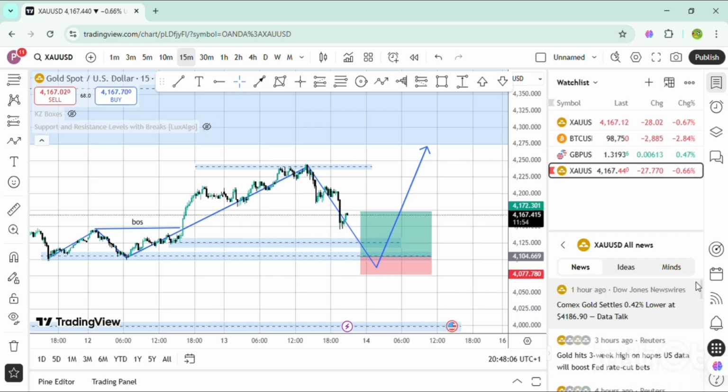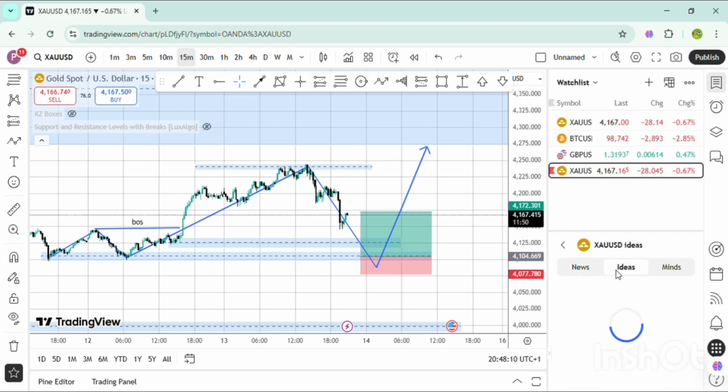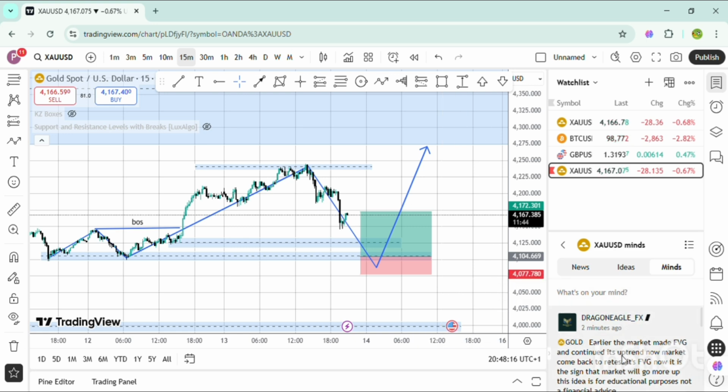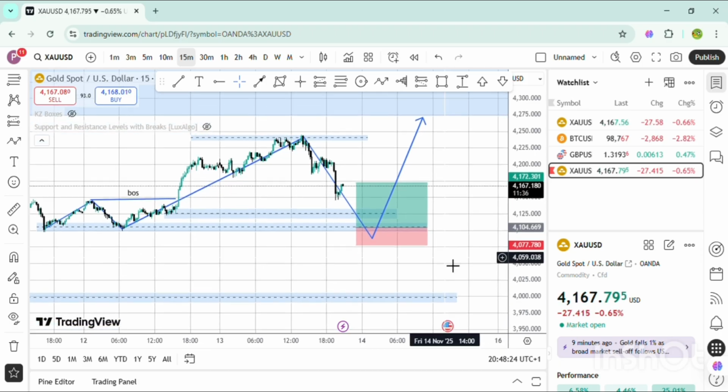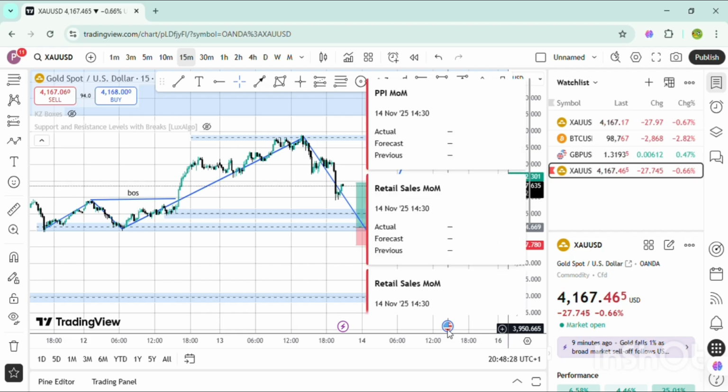The other part of it is ideas. You can see news, ideas. These individual ideas are made by people just like you and I. But that news is what TradingView is giving to you. So TradingView is telling you about the news and everything.